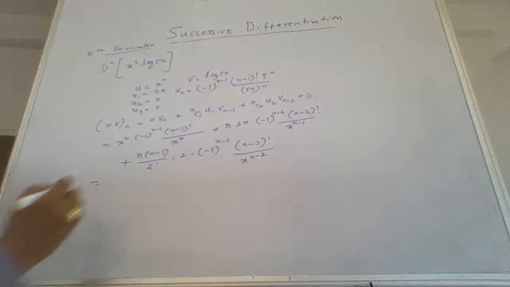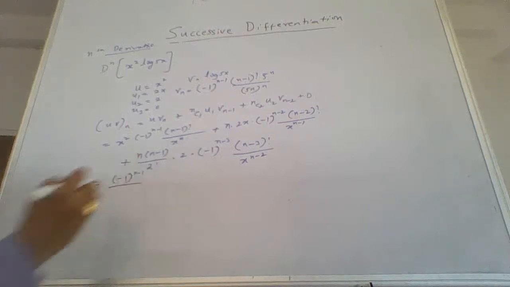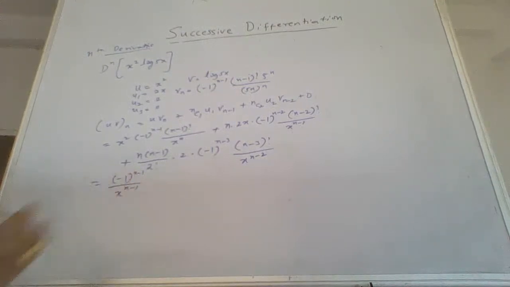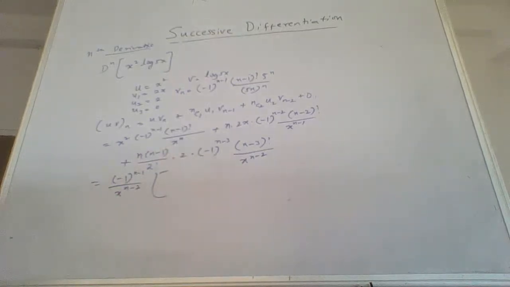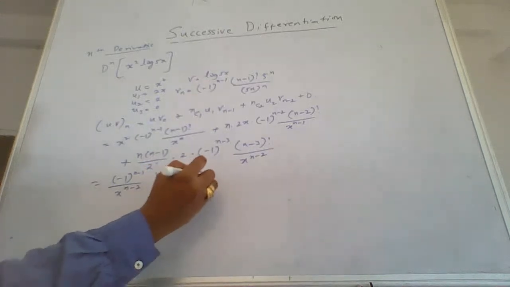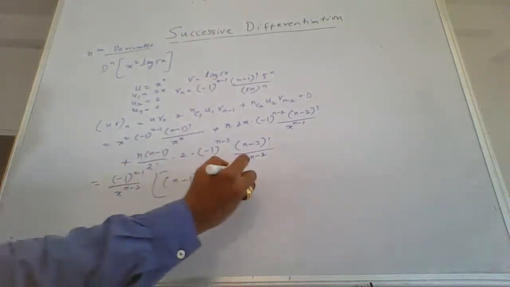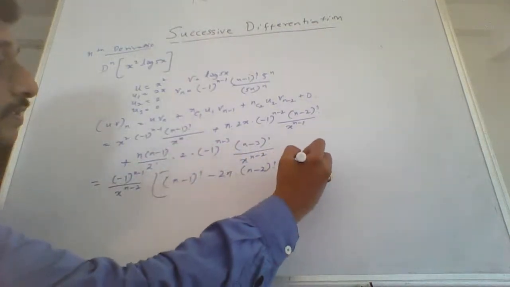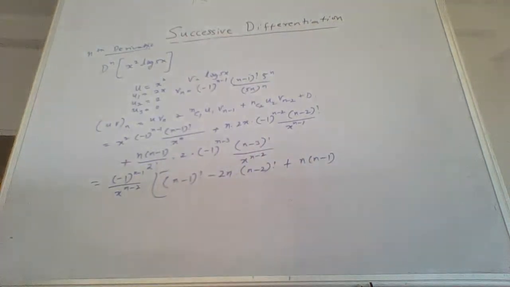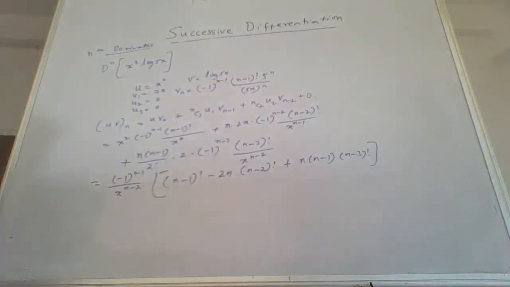Further, if I take common the common factors, minus 1 to the power of n minus 1 and x to the power of n minus 1, here I'll be having n minus 1 factorial, minus 2n into n minus 2 factorial, and plus n into n minus 1 and n minus 3 factorial. So this will be the solution.